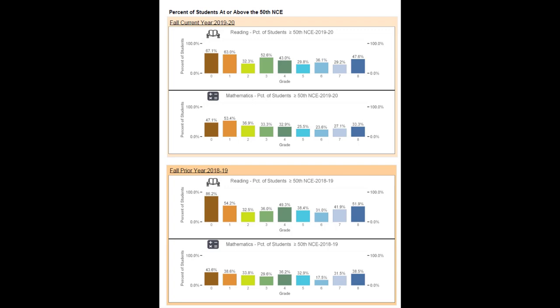So this report, it's one thing to compare this data from administration to administration, grade to grade, subject to subject, but we can also take this data and use it longitudinally to look and see how those students progressed from 1 year to the next. So that's probably the more powerful part of this report, is to look at the progression of a particular cohort of students in a particular subject.